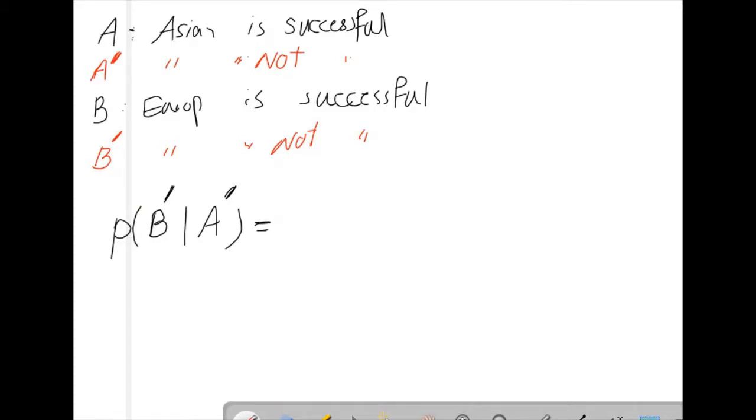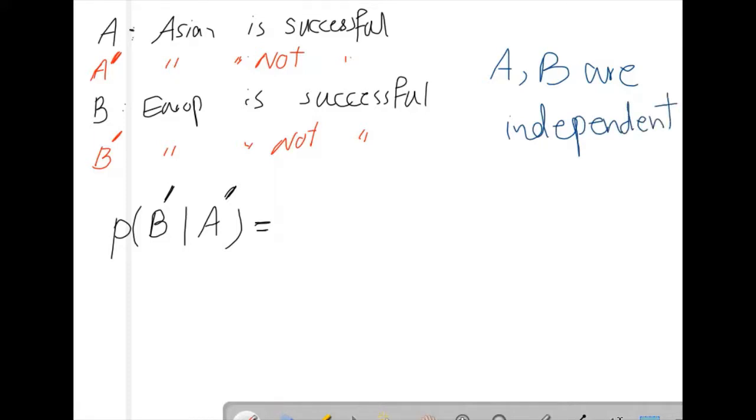From the question, we know that A and B are independent. And you know that when A and B are independent, then A prime and B prime are independent.